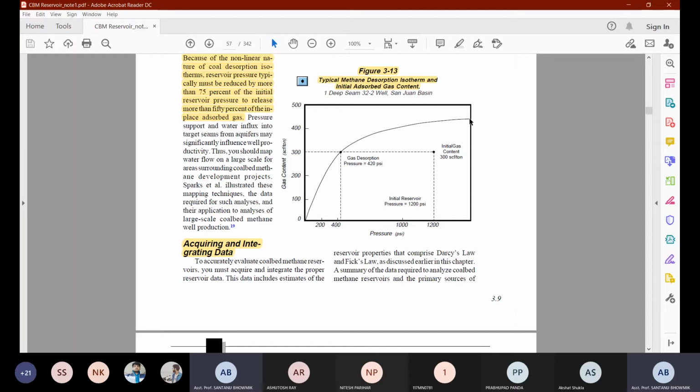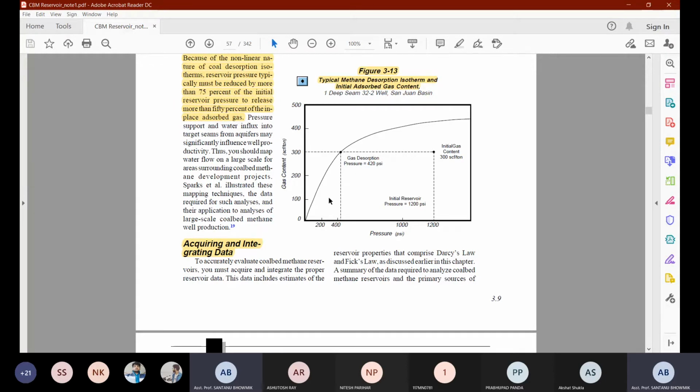So once you have taken this graph, now you can establish that any coal sample you take out from that particular reservoir, you have some idea that this is the adsorption graph of that reservoir.